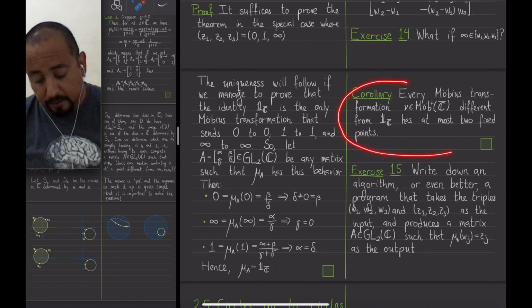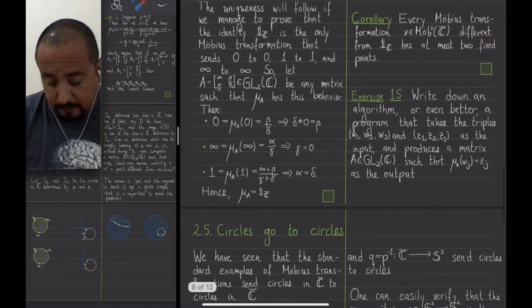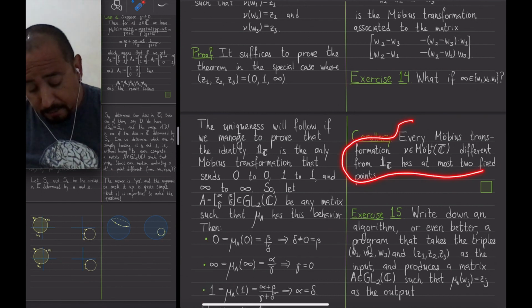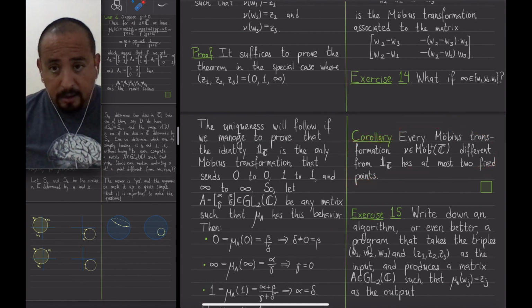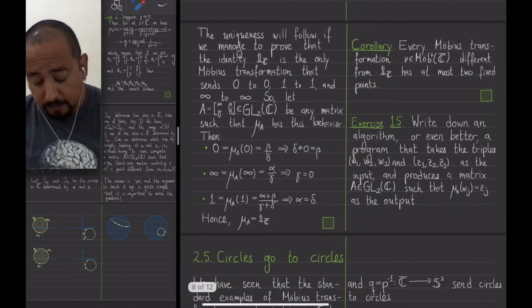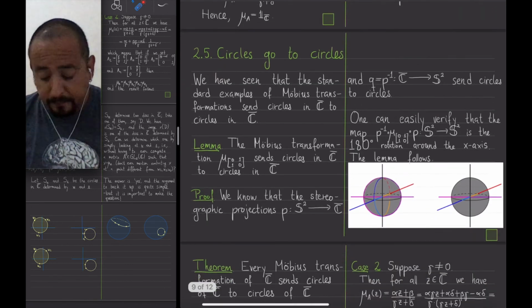So this corollary turns out to be very important. Of course, there's one little point missing: whether you have at least one fixed point. The answer will be yes. We will see that in the next class.